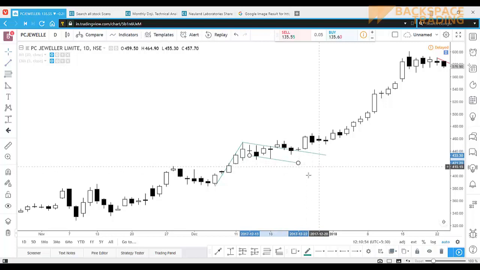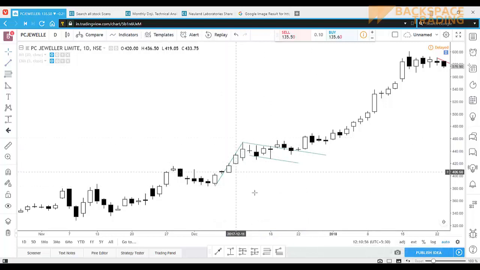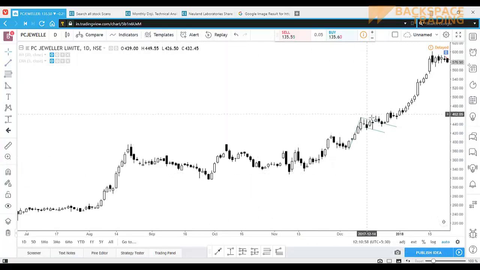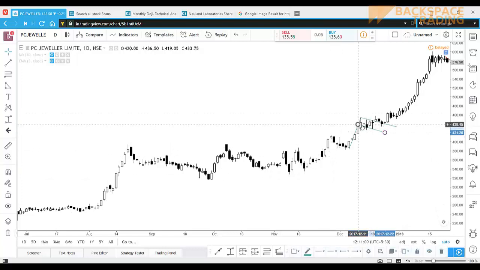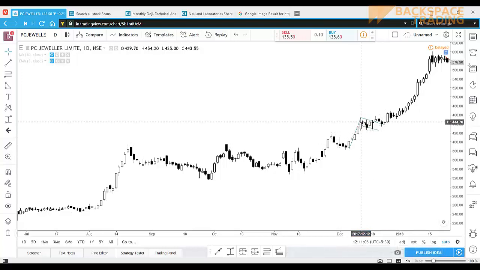See, people say this is a flag and a pole. See, it looks like a flag. Get it? People teach all sorts of stuff. See, this is a flag. If you see, it looks like a flag, right? A flag and a pole, hoist flag.